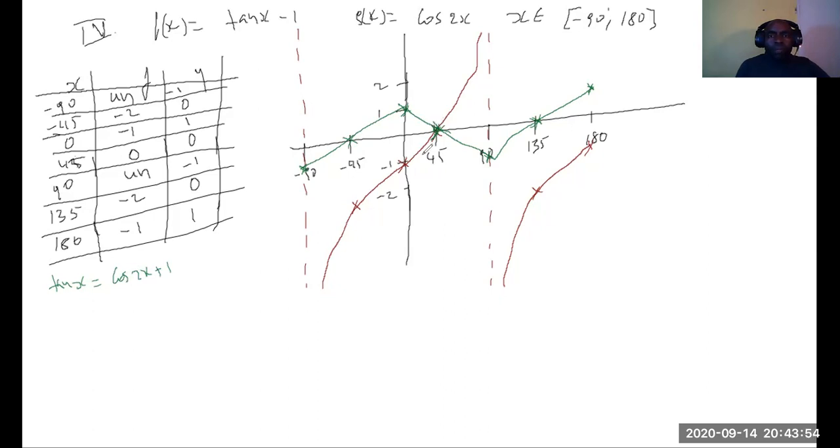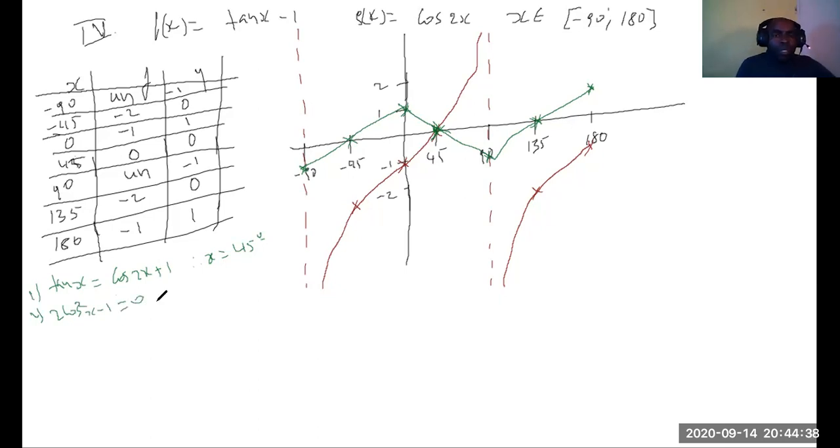Any other point where they are crossing? Nowhere else. So for this one, x equals 45 degrees. What else are they asking? They're asking where 2 cos x minus 1 times 2 cos squared x minus 1 equals 0.